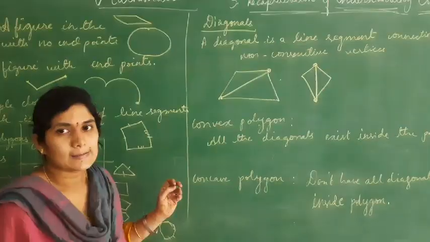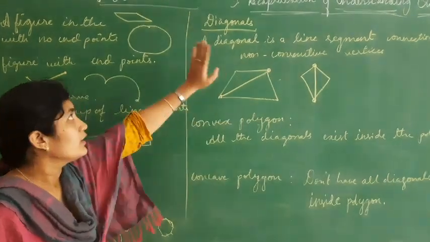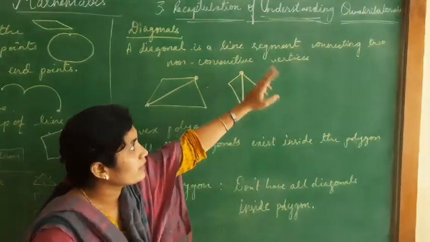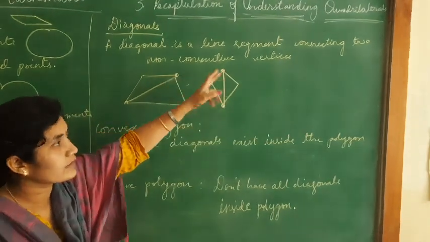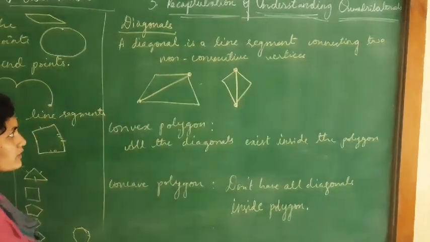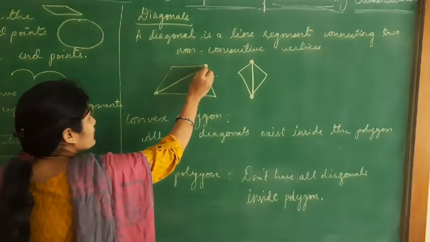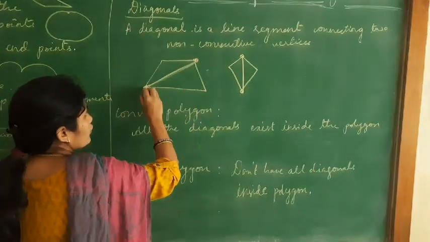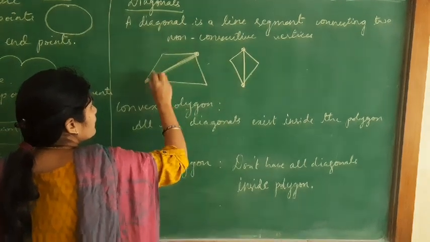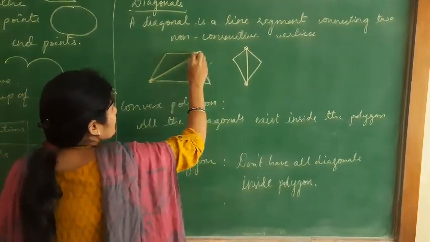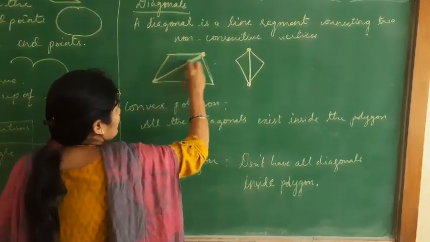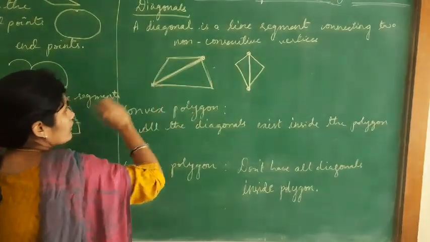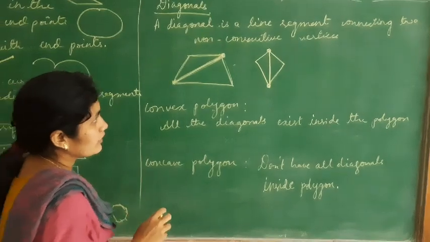Now let us move on to diagonals. A diagonal is a line segment connecting two non-consecutive vertices. Non-consecutive in the sense which are not adjacent. Here, these are the two vertices which are non-consecutive, and this is the line segment which is called a diagonal which connects these two non-consecutive vertices.